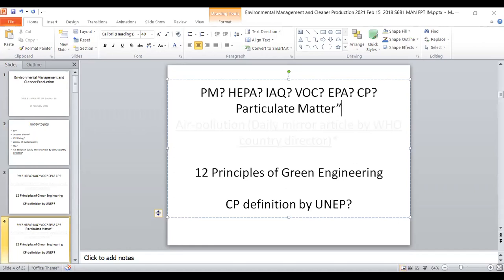So this is the name. Generally we call it PM, particulate matter. This refers to very small particles, mostly suspended in air.